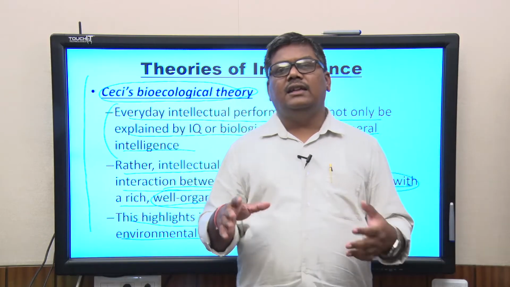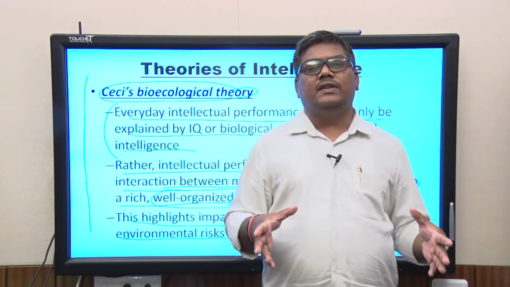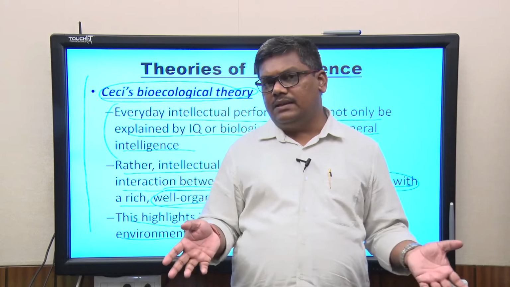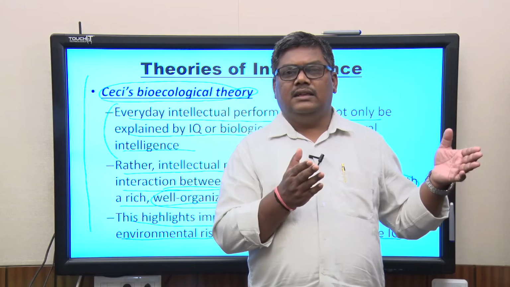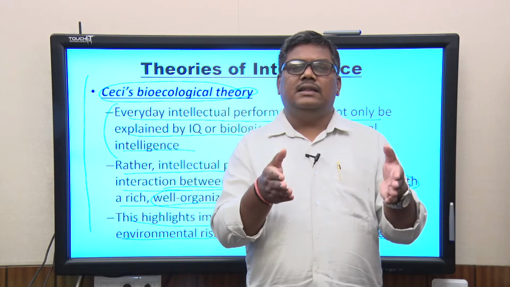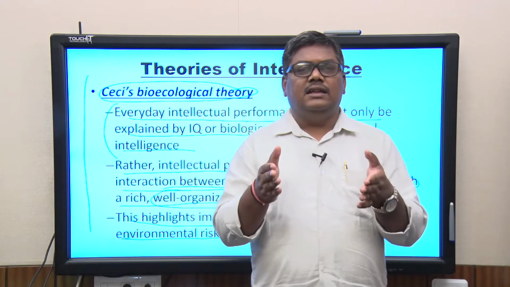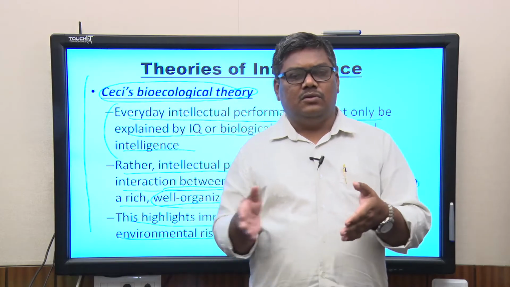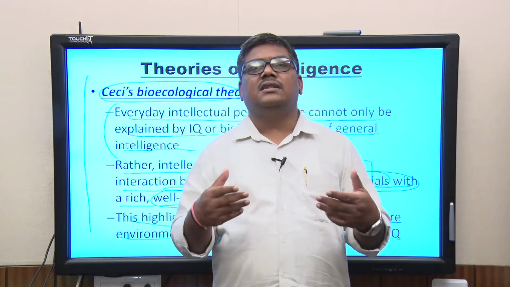We looked at Sternberg's triarchic theory of intelligence, which says that intelligence is of 3 types: intelligence is performance based, intelligence is experience based, intelligence is environment based. So, 3 different types of intelligence, and we discussed this in detail.